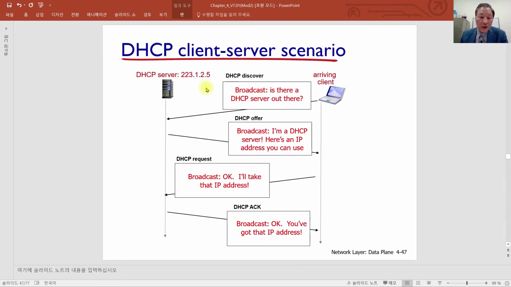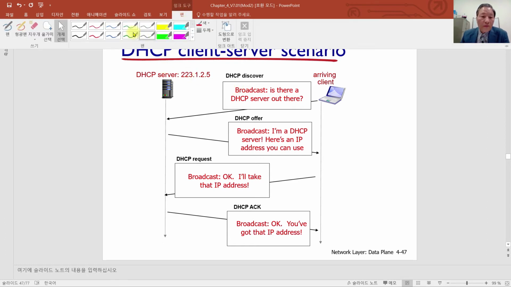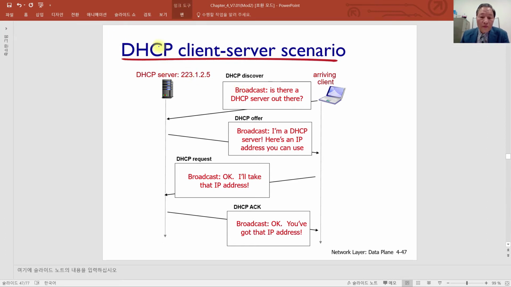This is the interaction between this DHCP server and this DHCP client. First, the arriving client sends the DHCP discover message, as we learned.